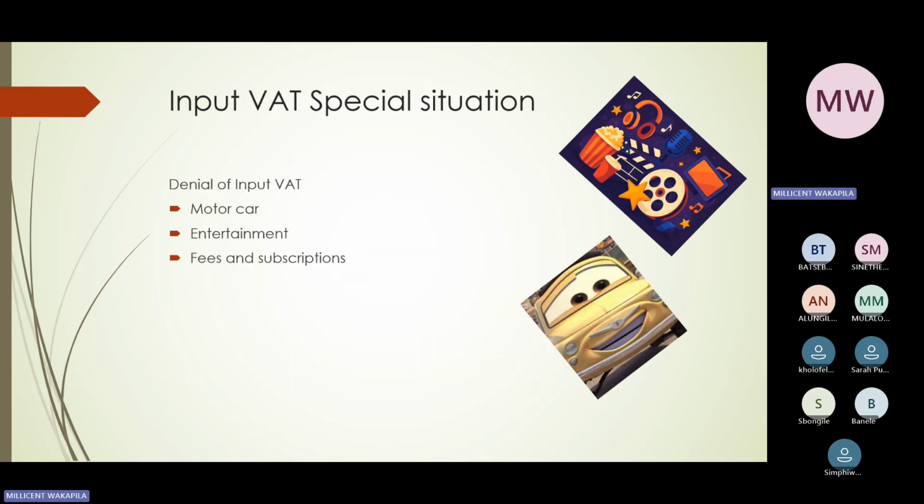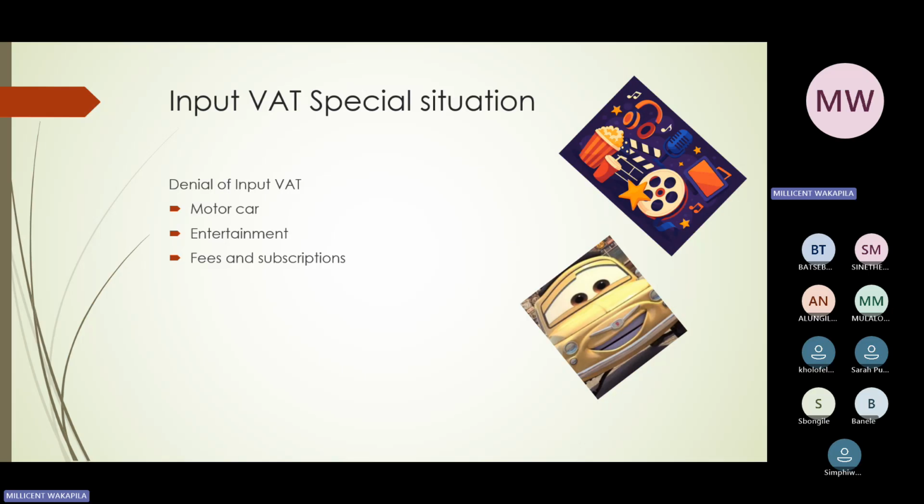So this one here is also very important, right? What I want you to take away from this slide is that for a motor car, for entertainment, for fees and subscriptions, the input VAT is denied, right? Just know it as it is, because that is the reason you're gonna be given in all the assessments that you're gonna write, right?